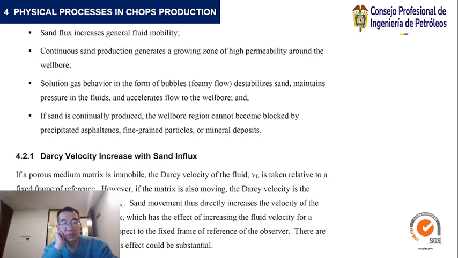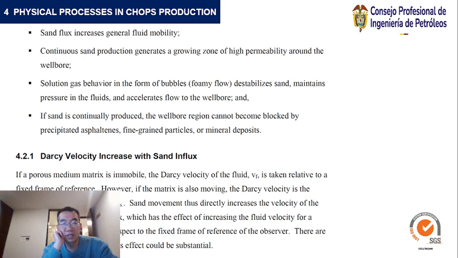Darcy velocity increase with sand influx. If a porous medium matrix is immobile, the Darcy velocity of the fluid is taken relative to a fixed frame of reference. However, if the matrix is also moving, the Darcy velocity is the difference velocity.